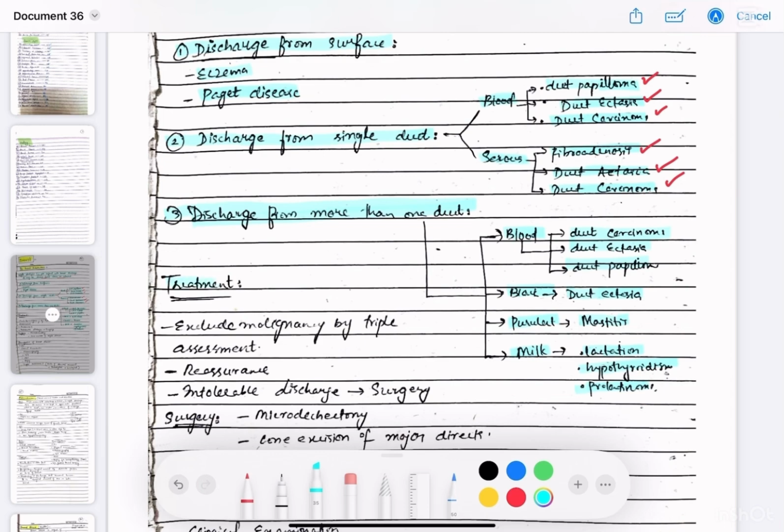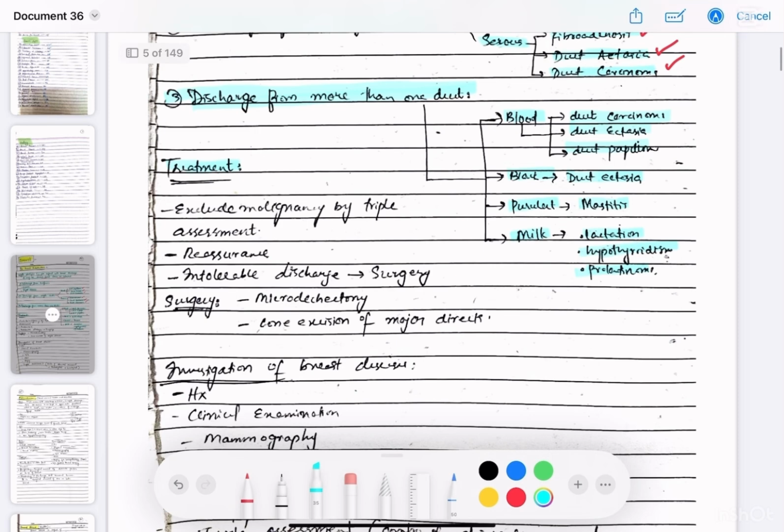Okay, now the treatment options. First of all, exclude malignancy by triple assessment. For breast, you have to do the triple assessment, and by doing it, you exclude malignancy. Then reassure the patient, and if the discharge is intolerable, then surgery is done. So we have a patient of breast discharge.